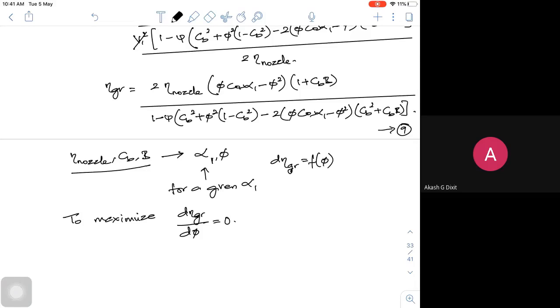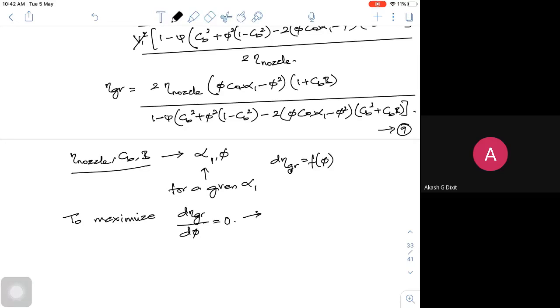At any given point, if my CB is equal to 1, I don't have any friction, so VR1 is equal to VR2. Or for an impulse turbine, cos beta 1 is equal to cos beta 2. Depending upon whether it's an impulse turbine or there is no friction, I can differentiate it and get the expressions for phi, and you can substitute and get the corresponding gross stage efficiency.